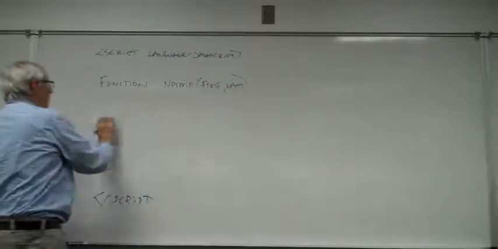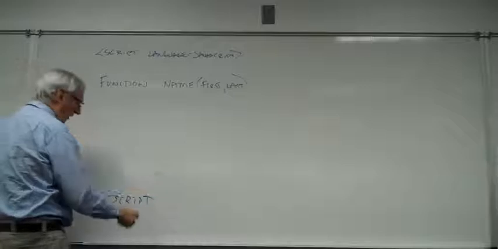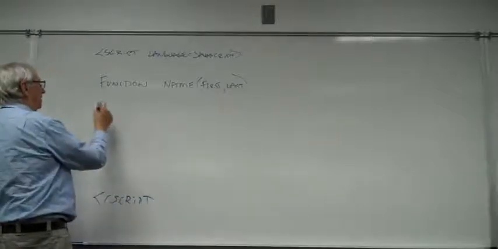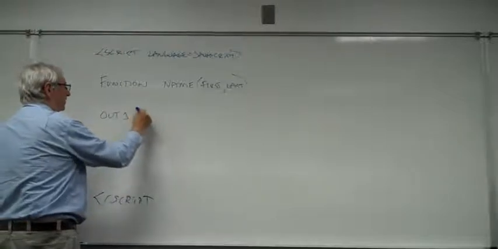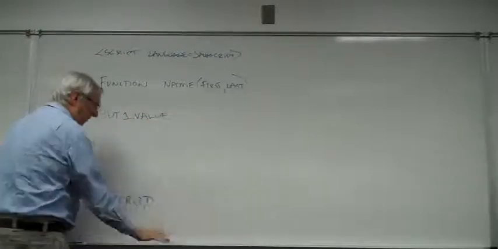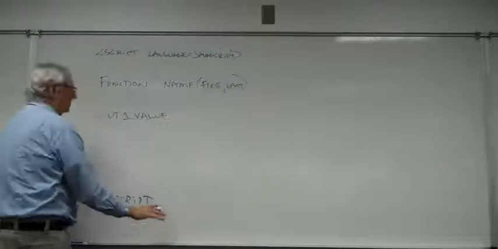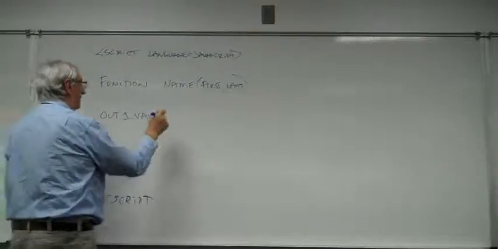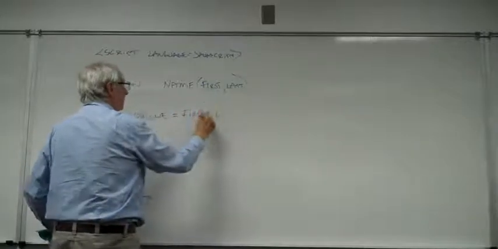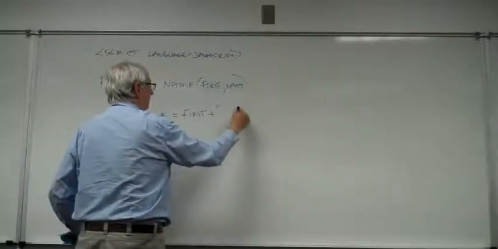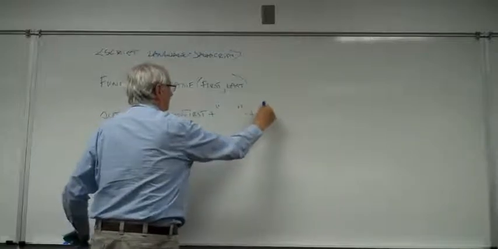Okay? Then what you do is you want to send something back to out1, which is down here. So you can say out1 dot value. That's the variable down below, an output variable that you defined, just like all the other programs we did earlier, is equal to first plus space plus last.